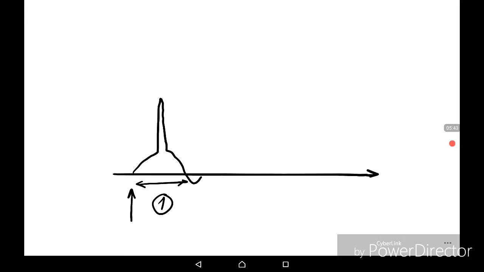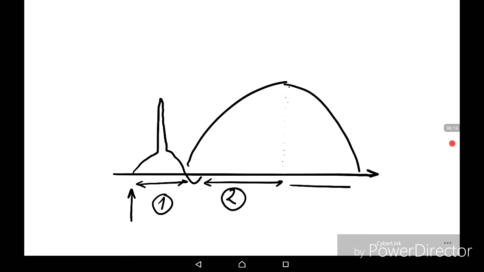Second phase begins after this excitation and is initiated by excitation, is called shortening period or shortening phase. Muscle shortens, so this graph indicates the difference in size of a muscle. And the third phase is called relaxation period, relaxation phase. So we have three phases of a muscle contraction.